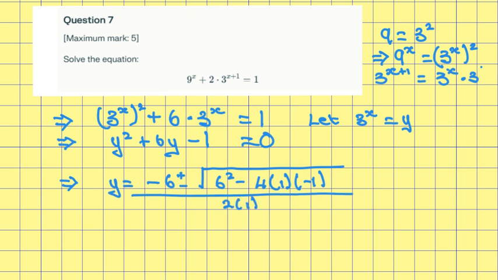So I get y is equal to, it's got to be positive, so therefore I get (−6 + 2√10) all over 2. So y is equal to −3 + √10.